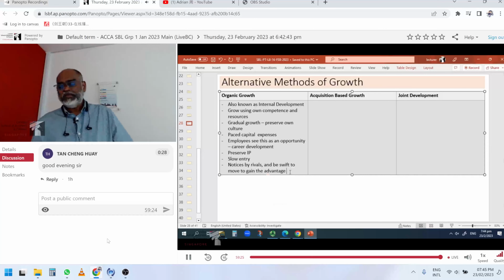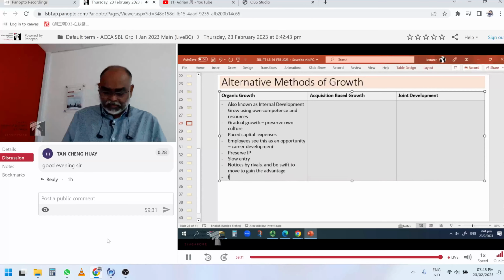So with your slow entry, you get the attention of swifter competitors, they may come in. But you may also face entrant barriers in the target market.